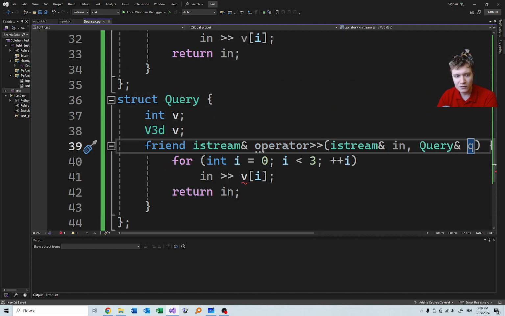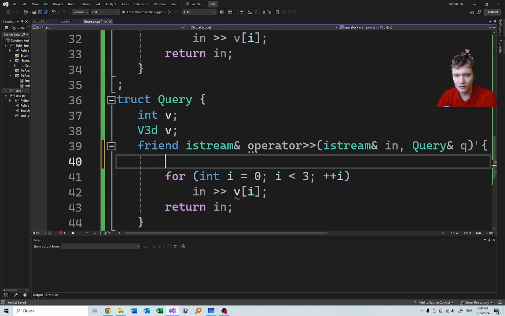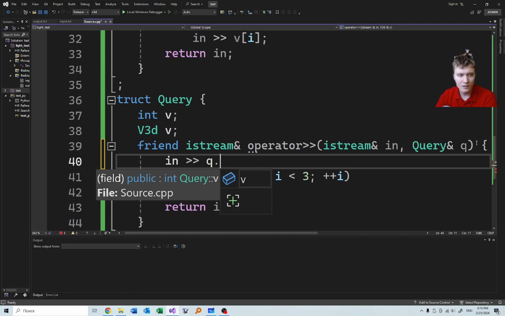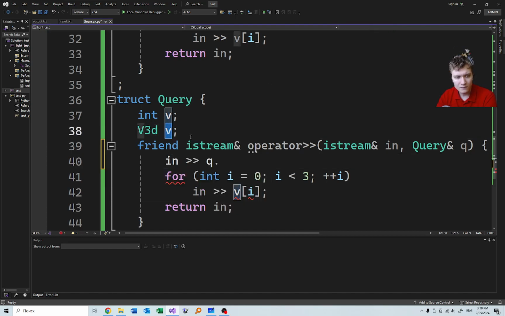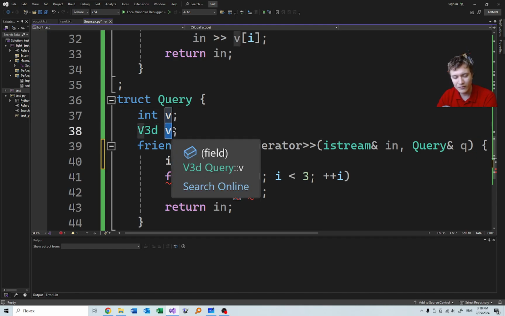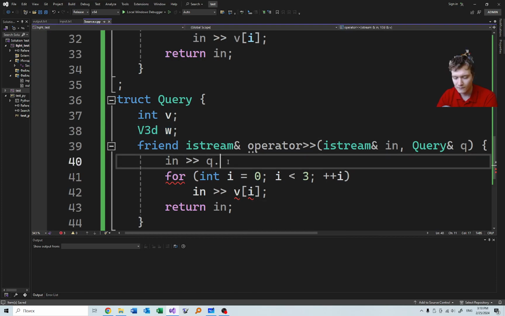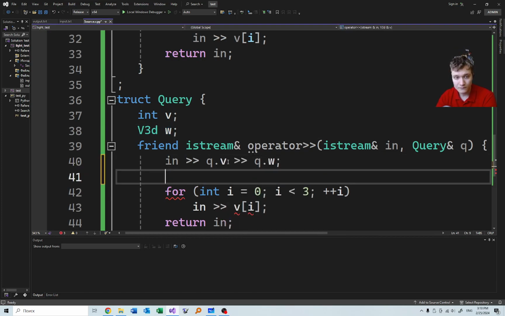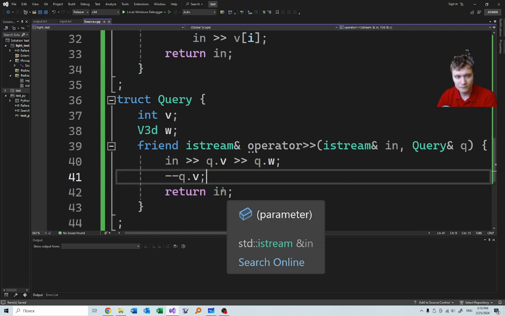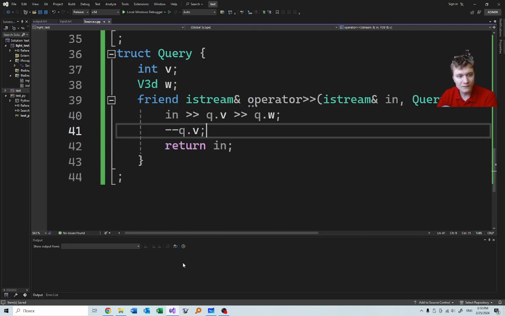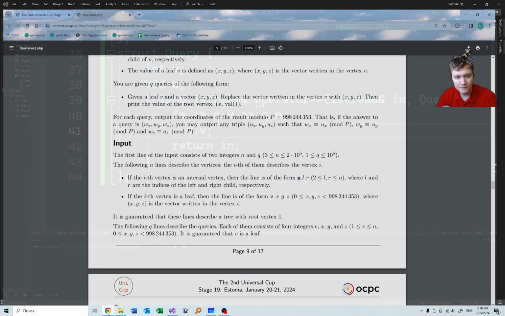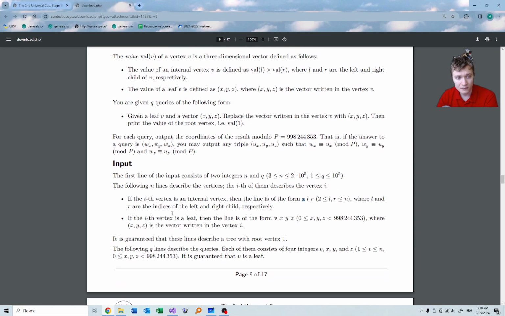To do that, we need to read the number of vertex. They both vector and vertex. So let's call it W, for example. Okay, we have read the query, and I guess that's it.